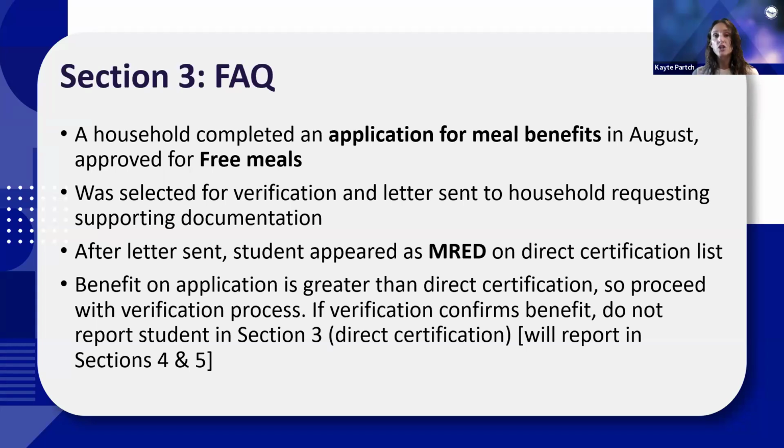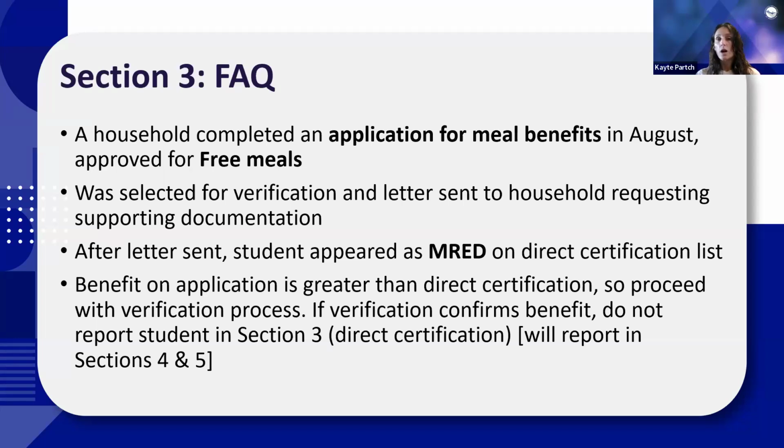The benefit determination on the application is different from the benefit identified through direct certification. So for this one, the benefit on the application is greater than the benefit derived through direct certification. So proceed with the verification process on the application that you received and processed at your school.